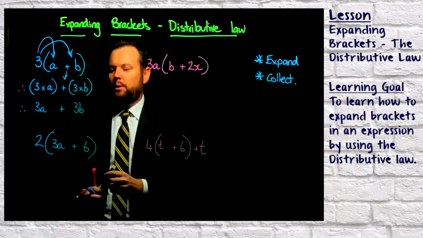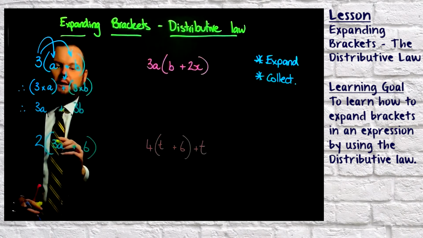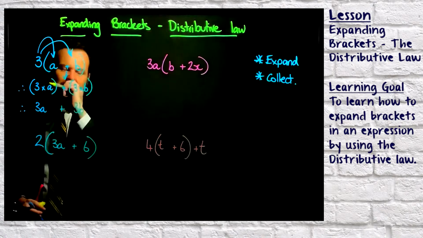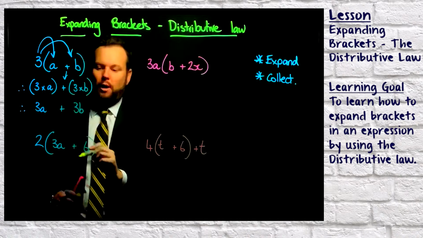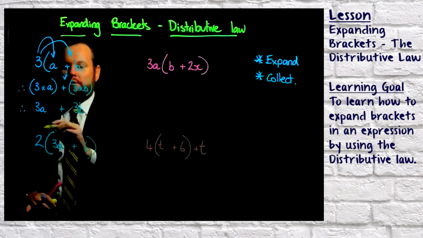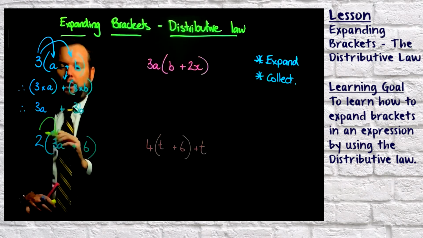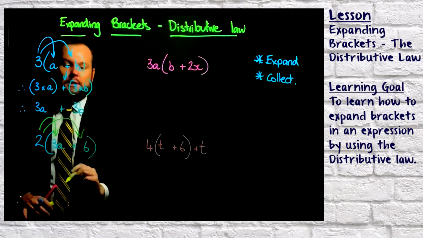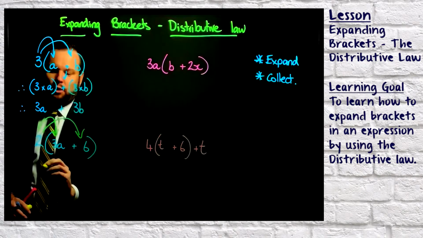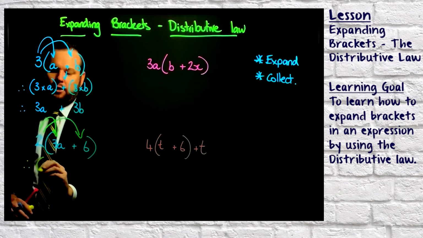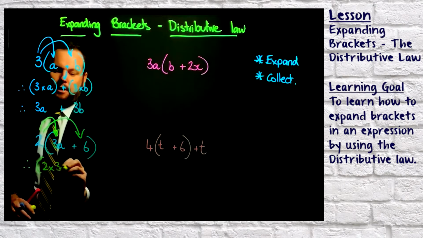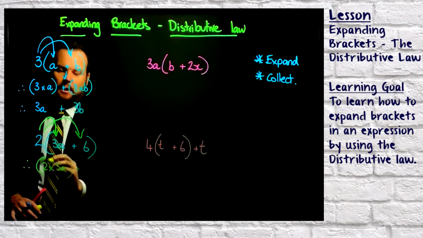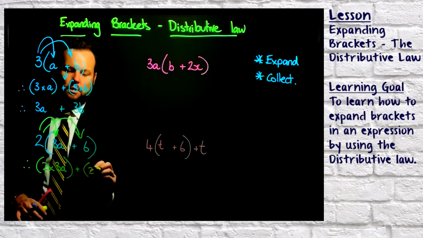Because this one's a little bit more tricky in the case that our variables don't have a coefficient of 1. This one has a coefficient of 3. So I need to multiply that by 2, and then I'm going to have to multiply that by 2. So let's have a look here. I do 2 times 3A, okay, plus 2 times 6, okay?